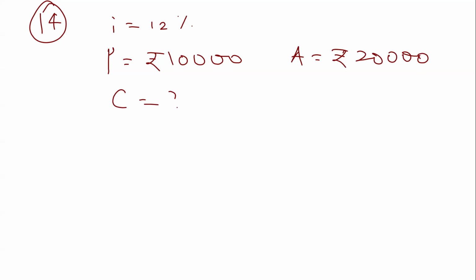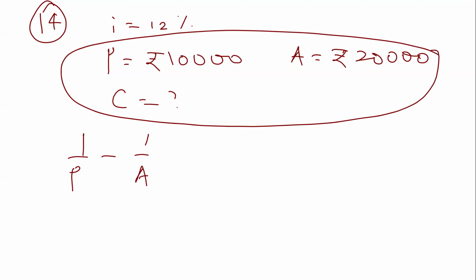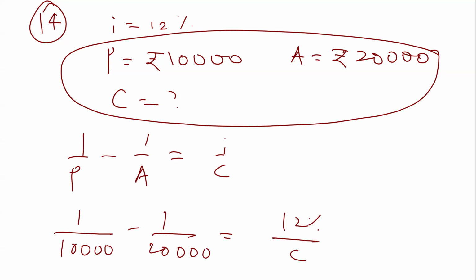We have a formula, 1 upon P minus 1 upon A is equal to i upon C. So 1 upon 10,000 minus 1 upon 20,000 is 12% upon C. We'll take LCM on the left hand side and multiply the first term by 2.